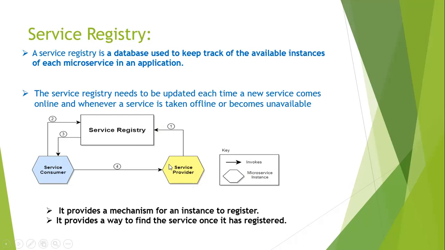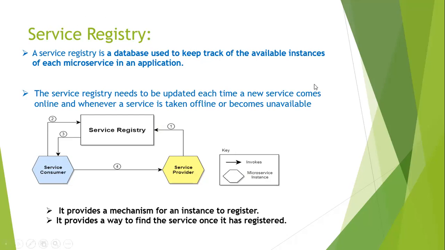Whenever a new instance is going to register in the service registry, after that we will get the appropriate service for that instance. So that is discussed in the service registry.